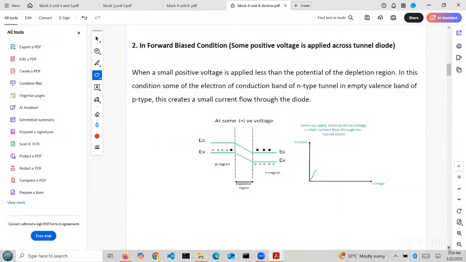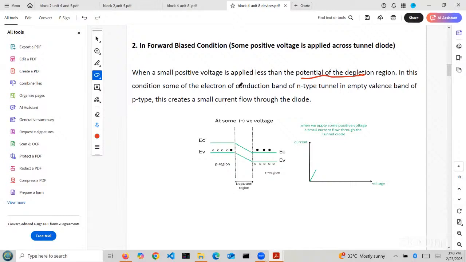Next, second case is in forward bias condition. In forward bias condition, some voltage is applied. When some voltage is applied, that voltage is less than the potential of the depletion region. Whatever the voltage is applied, that is less than the depletion region voltage.